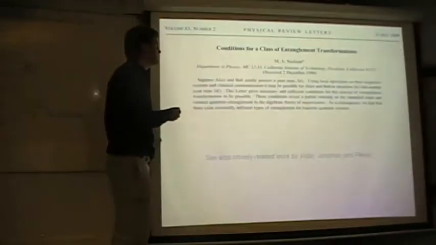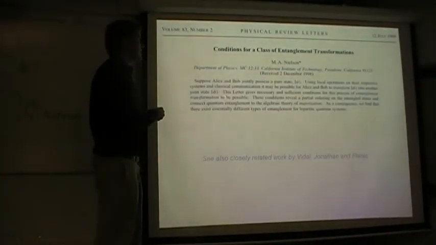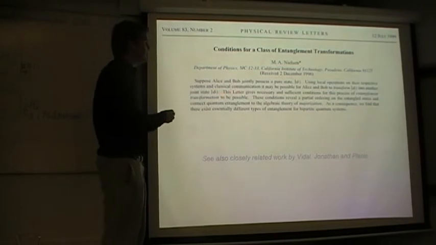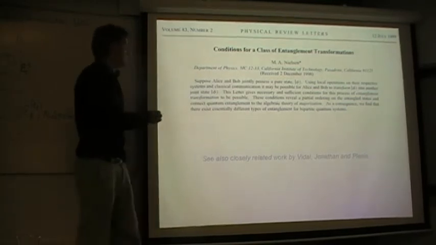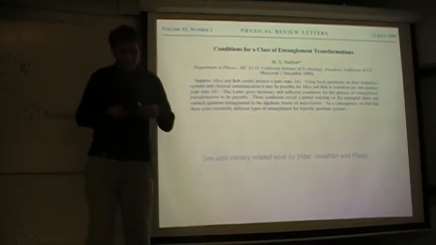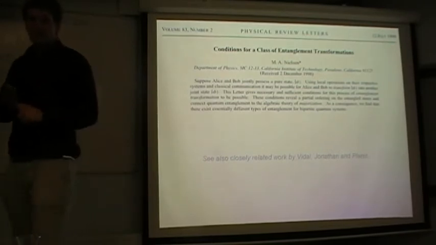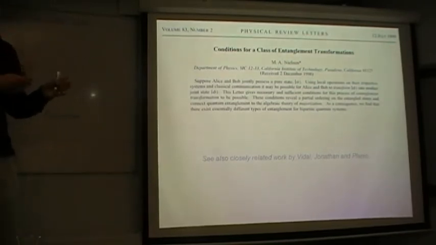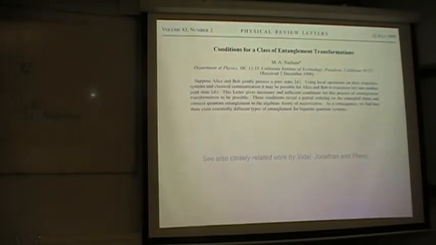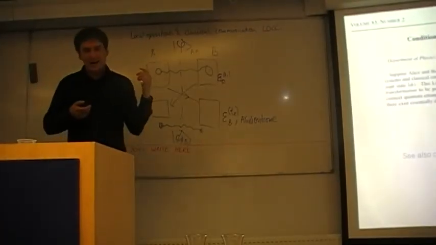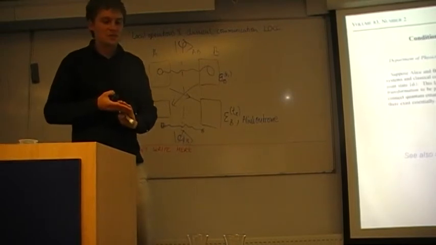And what Nielsen proved is that it's necessary and sufficient for this to be possible that the density matrix spectra of the marginal states, the states individually on Alice or Bob, have a majorization relation.